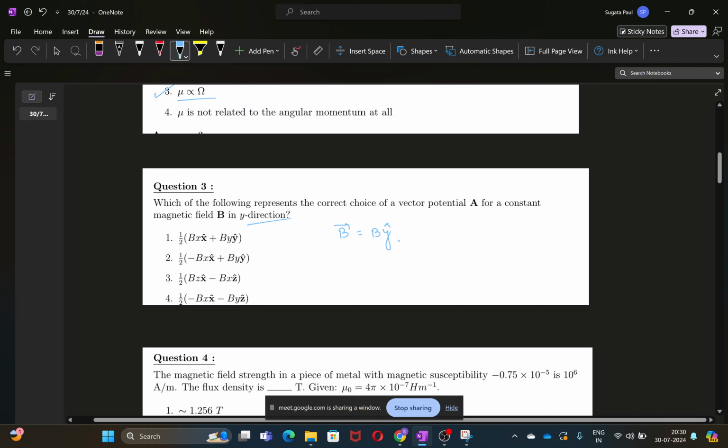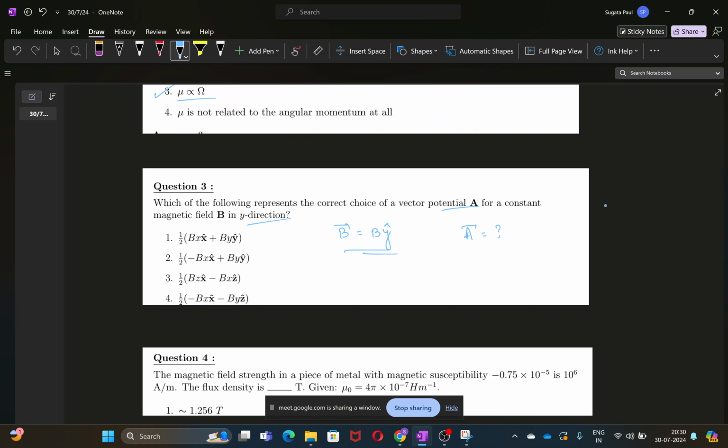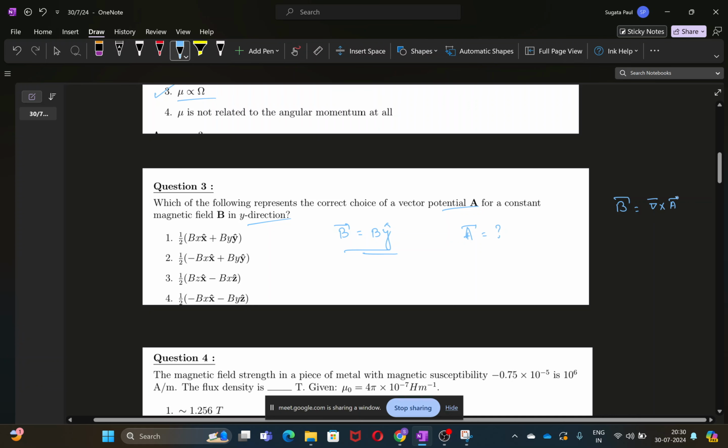The question asks you to find the vector potential A for this magnetic field. The single formula you have to know to solve this is the famous formula that B, the magnetic field, is equal to the curl of the vector potential A.